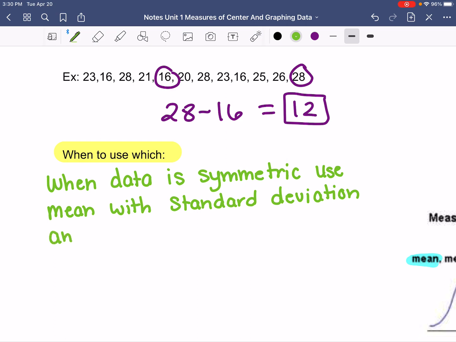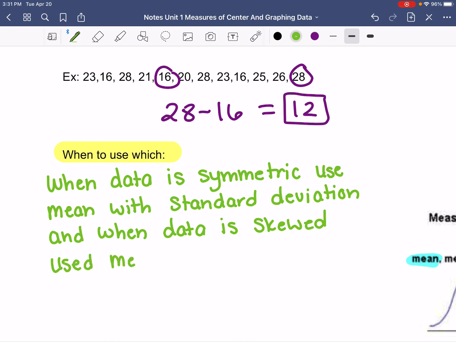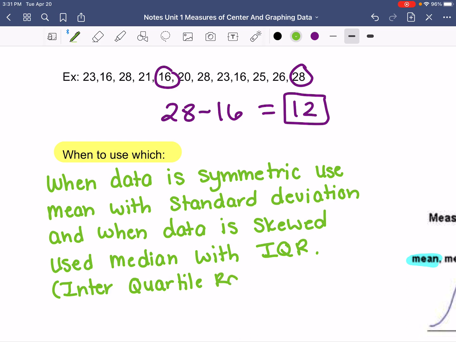And when the data is skewed, use median with IQR, which is the interquartile range. We're not really going to use this one as much in our Unit 1. We're mainly going to use the standard deviation with the mean.